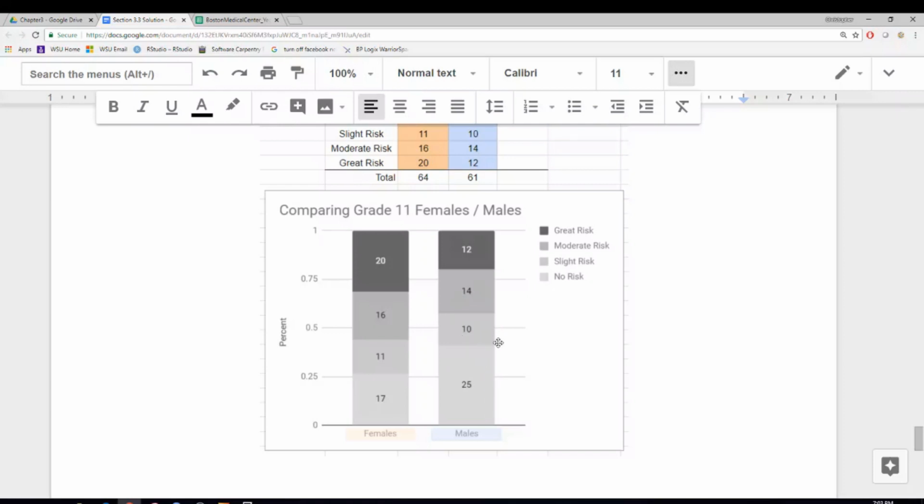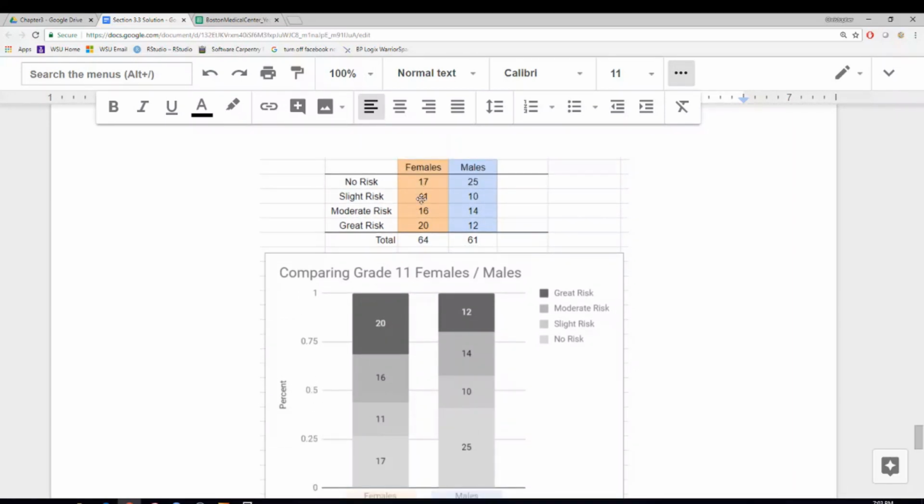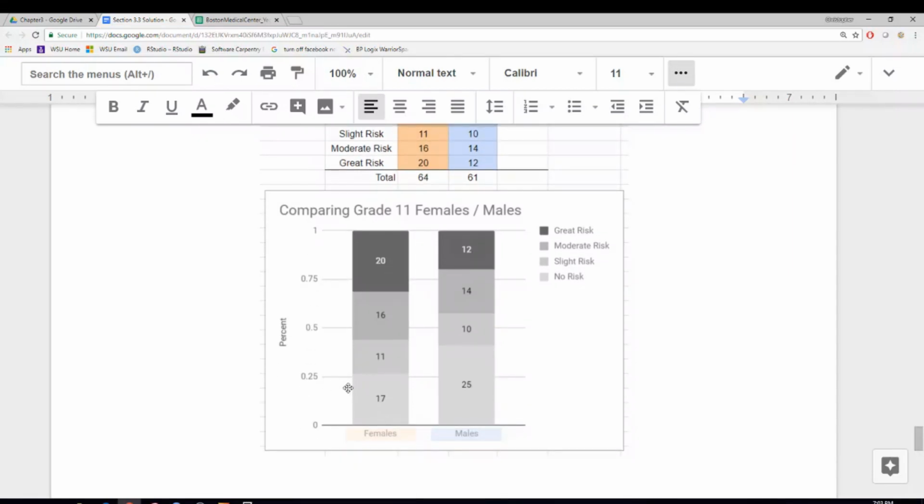Certainly the perceptions of the males are more lax than for the females. And this is marijuana use here. So you can see that 17 females, okay, which is about 25% of them. Okay, so 17 divided by 64. If we do that math, that's about 25%.